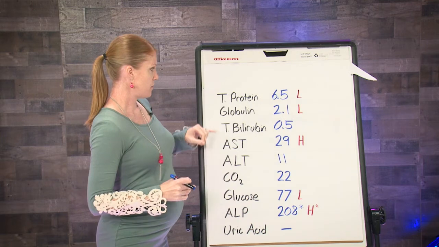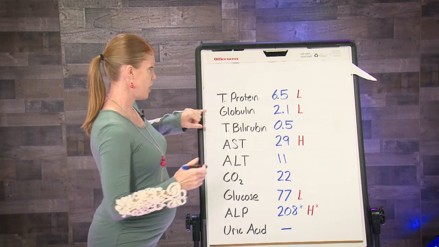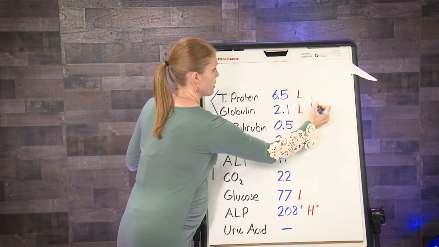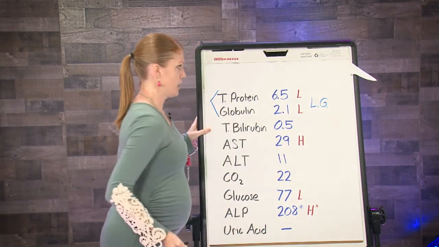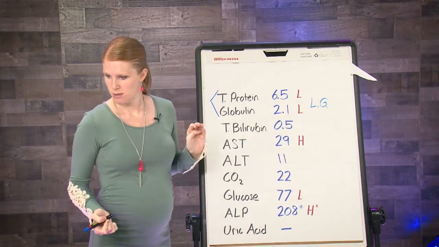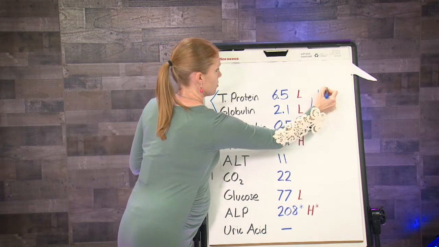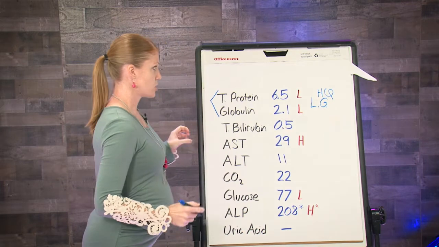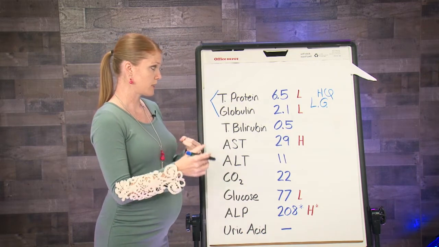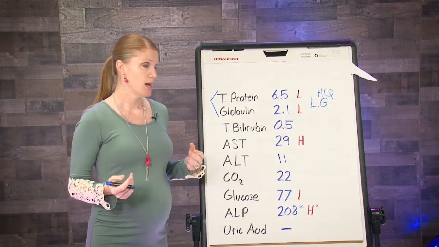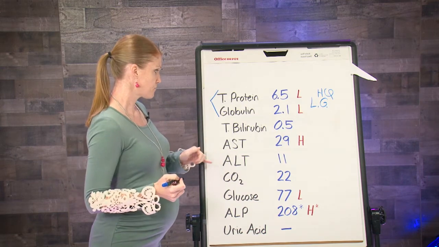Okay, then we get into total protein and globulin. Remember, these two go hand in hand because they stand for leaky gut. One more thing, also the need for HCl. So you have BUN, total protein, globulin, all indicating the need for hydrochloric acid and to fix the leaky gut.